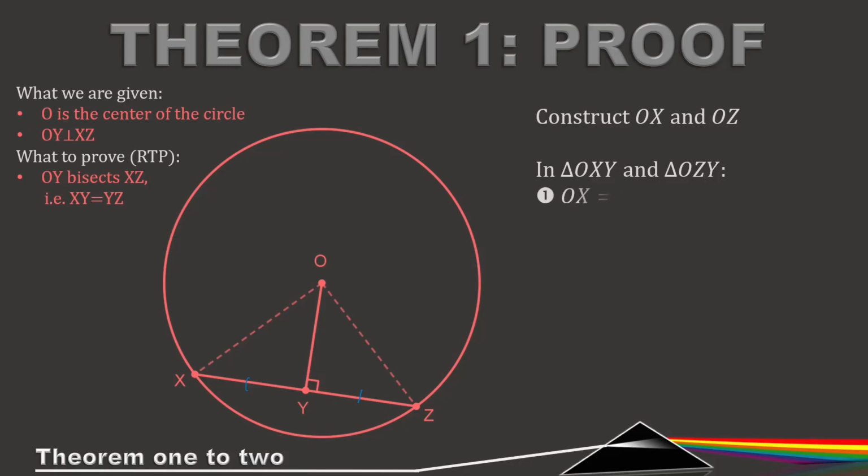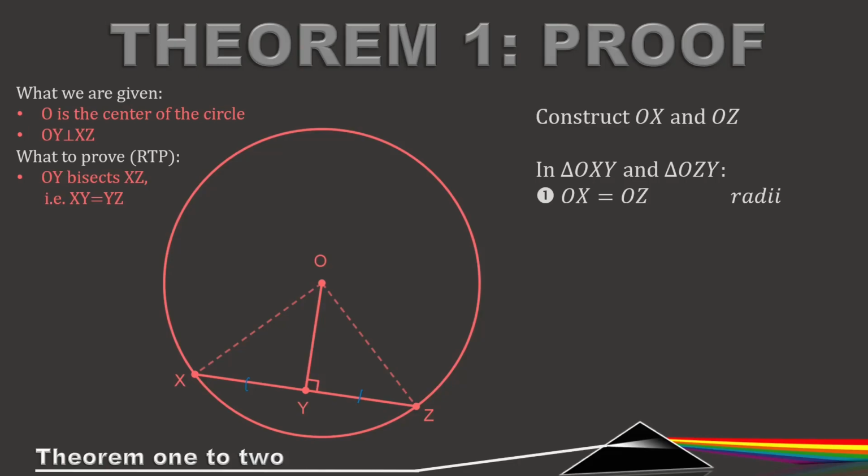Now let's look at the first thing. What's the first thing that we can see is equal? That is that OX is equal to OZ, because that's the radius, okay? This is also a small thing that is easy to miss. When you're looking for things that are equal, we often forget that the radius of a circle is equal everywhere. But I will show you an example of that in a question a bit later.